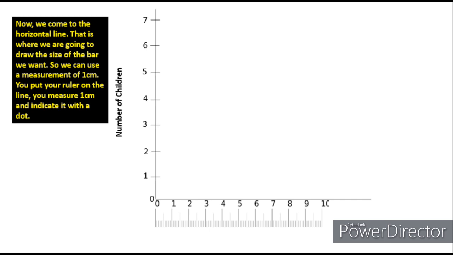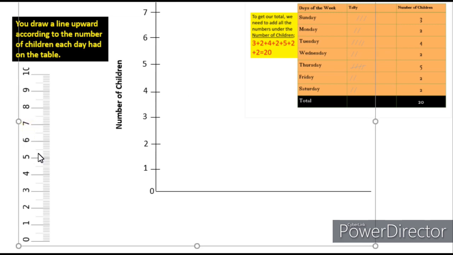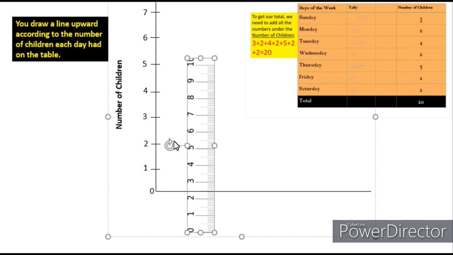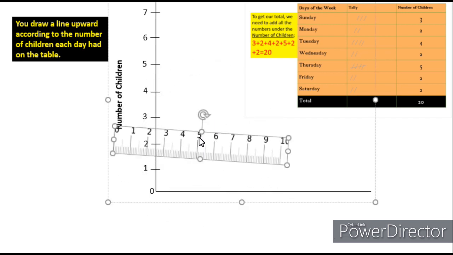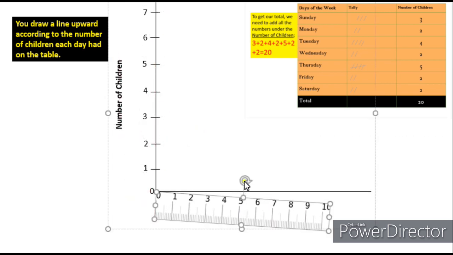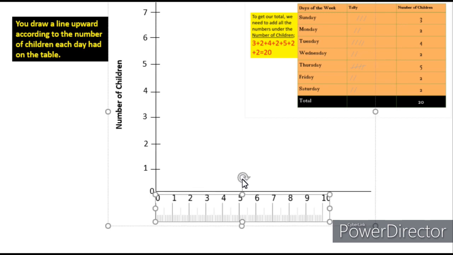So we can see here that, let me bring my ruler back so that you can see. Okay, so my ruler is here. It is not straight, don't worry, I will straighten it. Okay, so you can see my ruler.